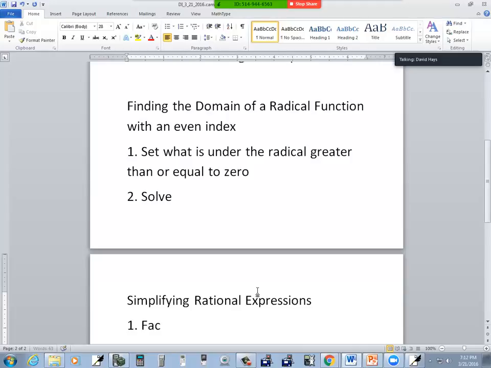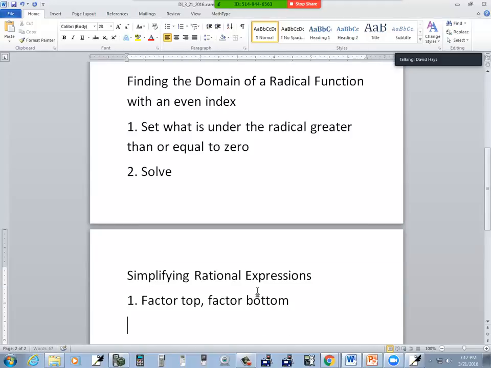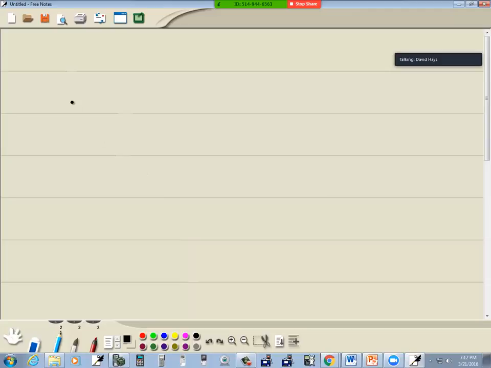Step 1, factor the top, factor the bottom. So factor the numerator, factor the denominator. Step 2, cancel if possible. This is off of page 379, number 63.